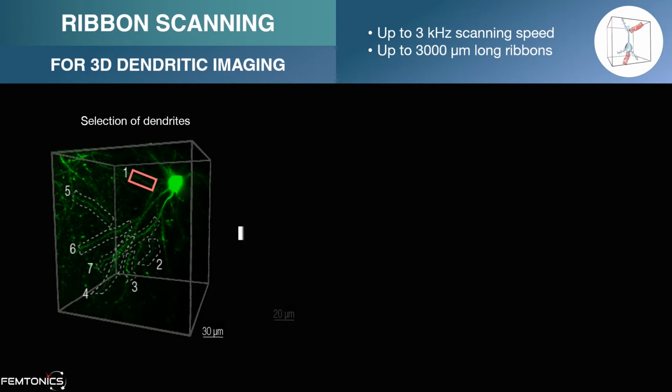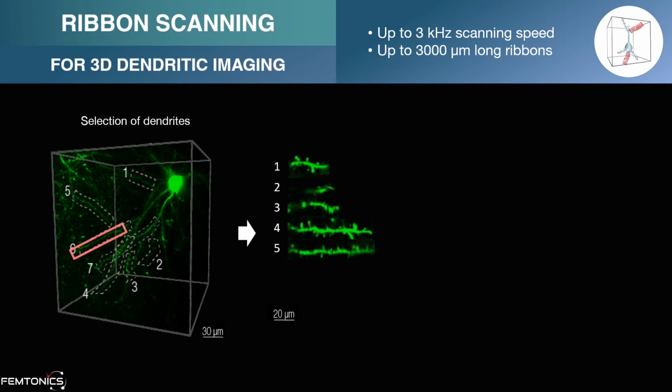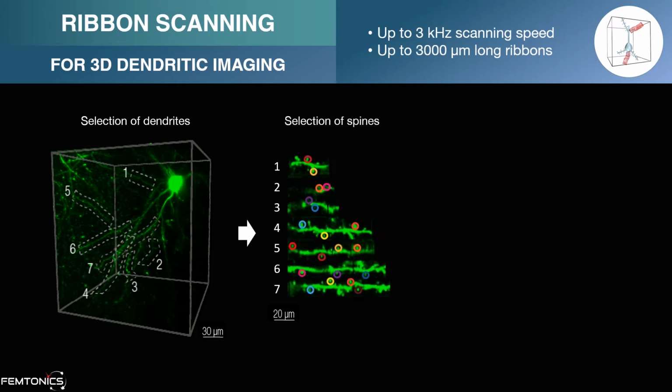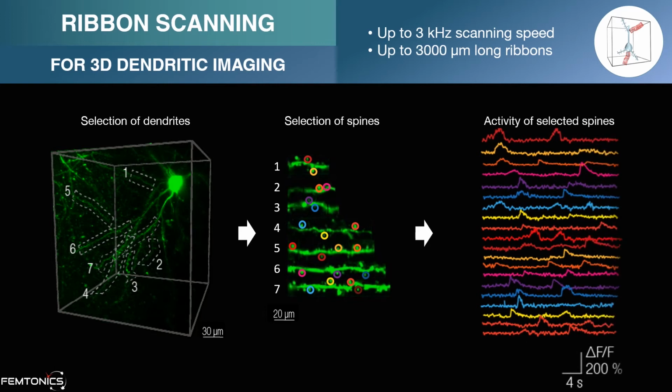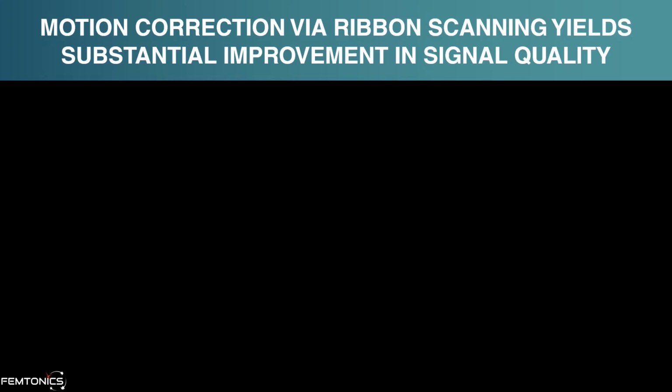Ribbon scanning records free-form ribbon-like surfaces in 3D around the elements of interest. In this example, dendritic segments. Fluorescence changes both at the dendrite and at its spines can be recorded as illustrated on the right. No matter how much dendrites are winding in any direction of space, FEMTO3D Atlas can record any convoluted thin structure or several structures simultaneously.